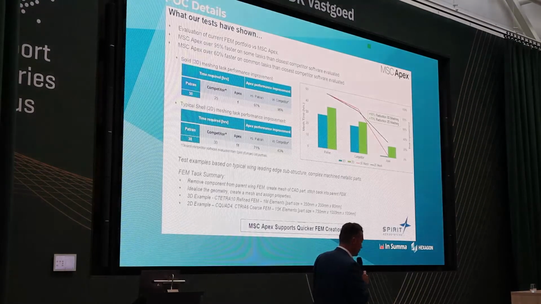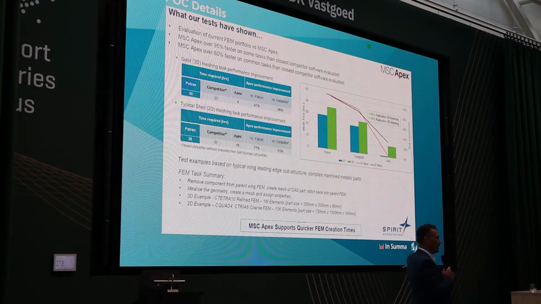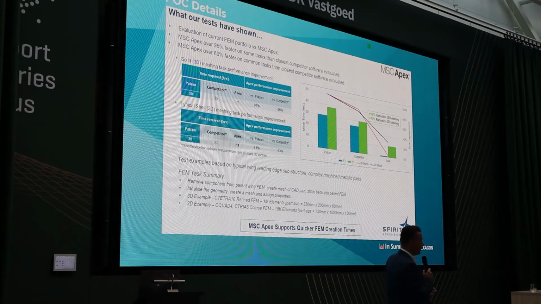Let me give you some extra details on the proof of concept. For my previous aerospace colleagues, you see in the bottom right, it's Spirit, where we did the proof of concept. What they did was a comparison between Patran, native software they have inside. I don't know the details of what they're using, and they didn't want to disclose. And they compared it with Apex.